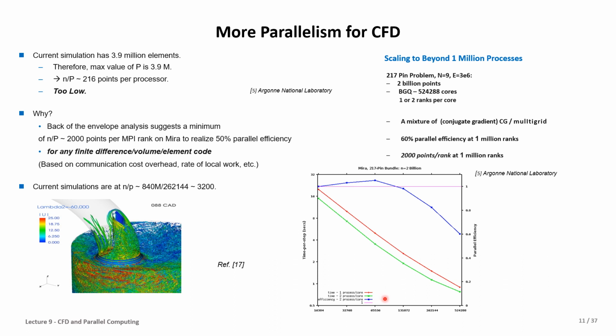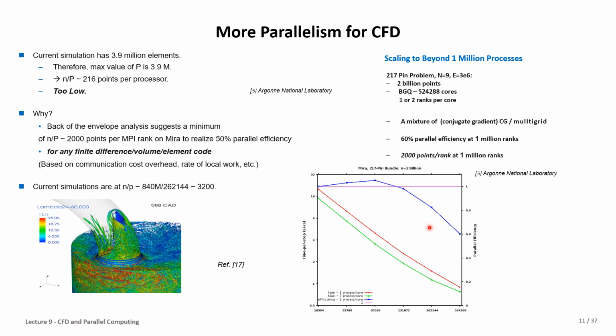We can see that when we increase the number of processors from 1 to 2 on the core, the time per step is reducing. However, the efficiency with 2 processors per core goes down to 60%.